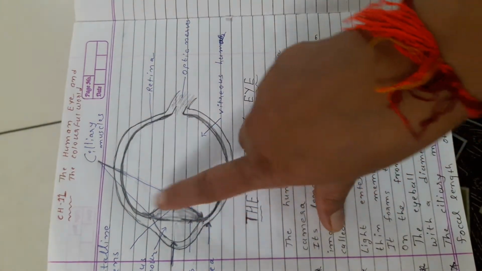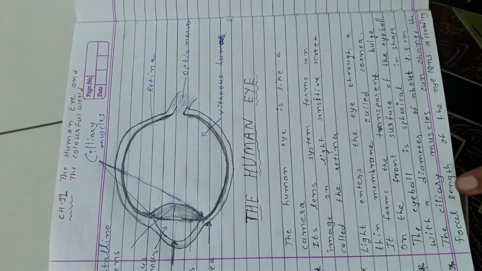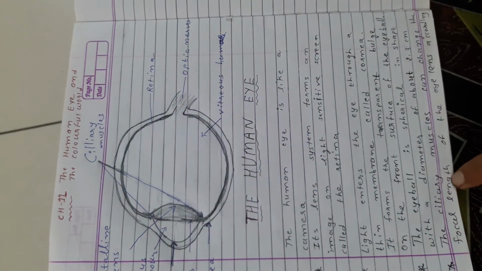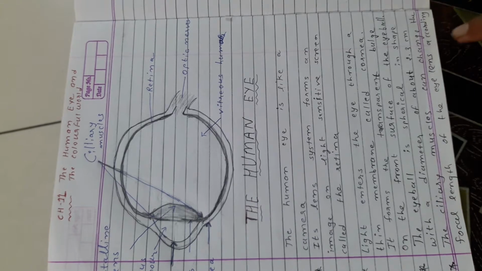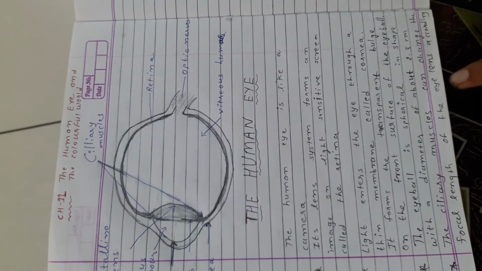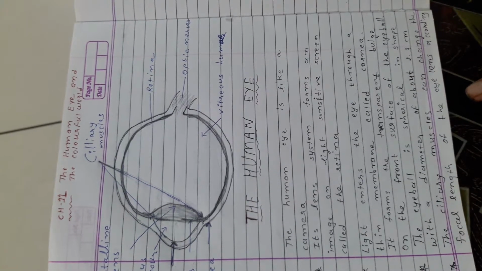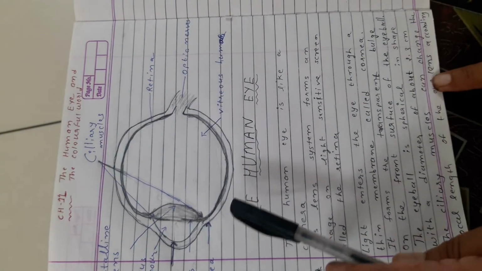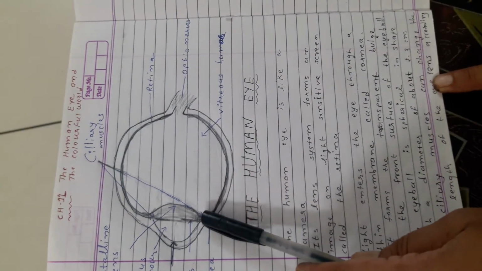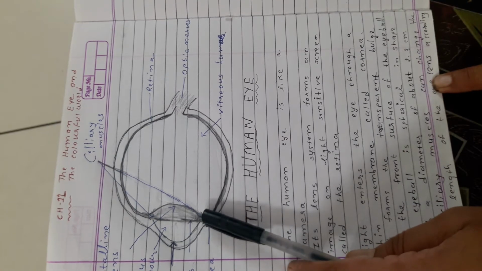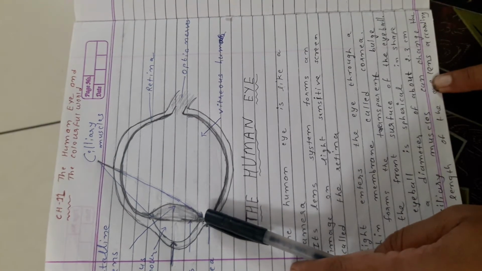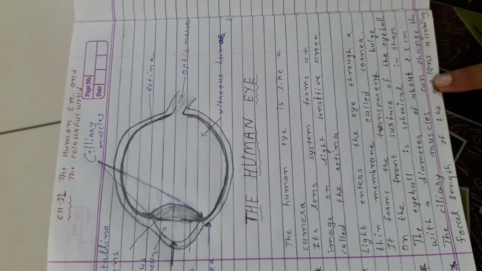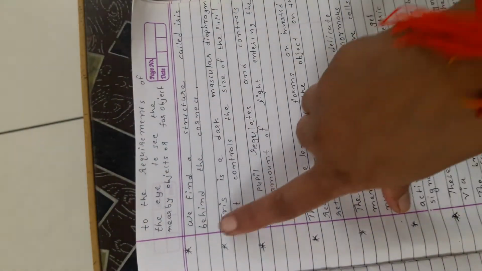The ciliary muscles can change the focal length of the eye lens according to the requirement of the eye, to see the nearby object or far object clearly.